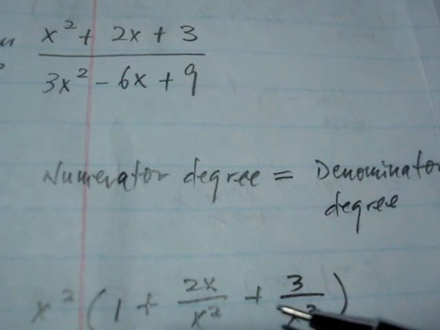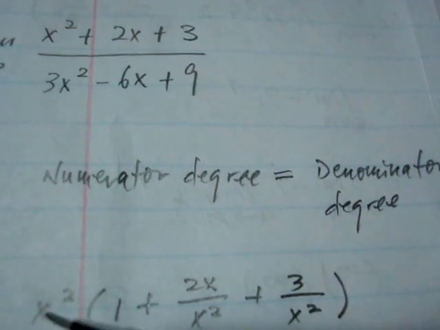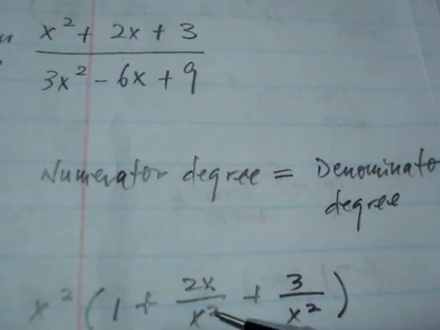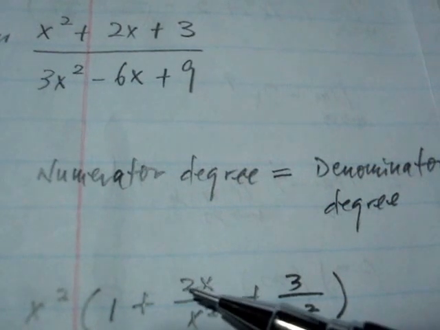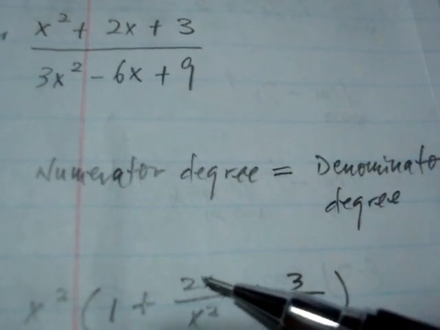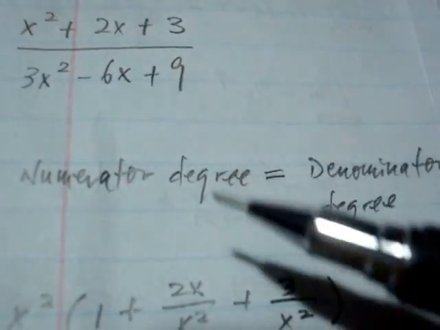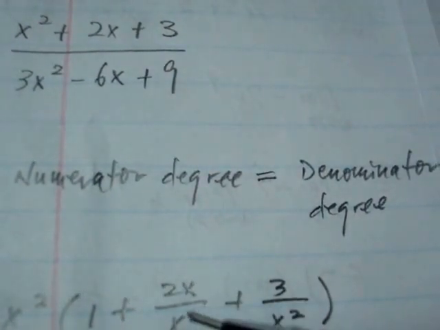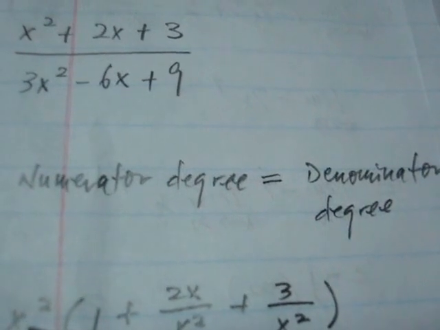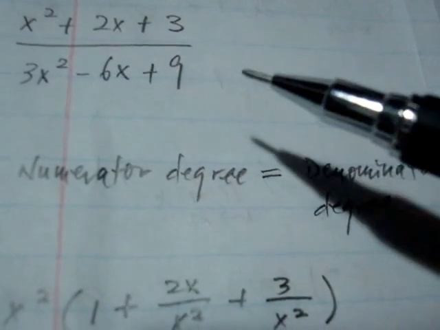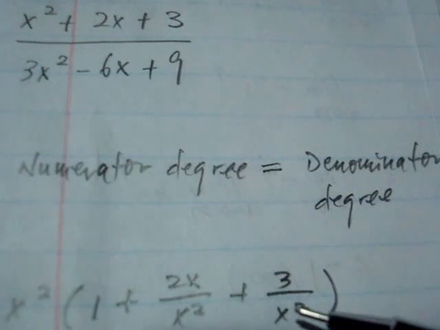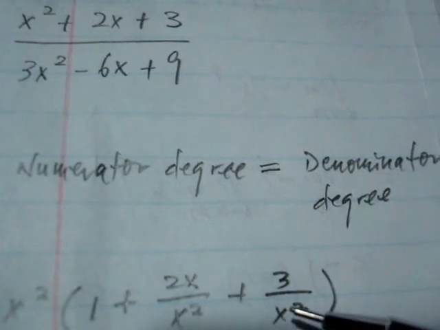Why do you divide it by the x squared? Because x squared will cancel out with this x squared, and you're left with 2x, which is the same thing as the given. That's the purpose of dividing it by the x squared, the term that you factor out. The 3 divided by x squared: why do you put the x squared?